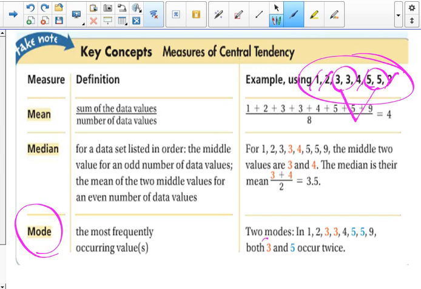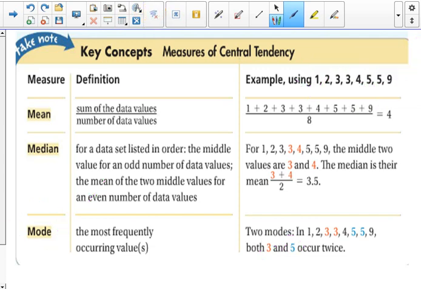So we can say 3 and 5 are our mode. If we had had three 3s, then 3 would be our mode. If I had six 5s, then 5 would be the mode. Whatever occurs the most, that's your mode. Any questions over this? Okay.